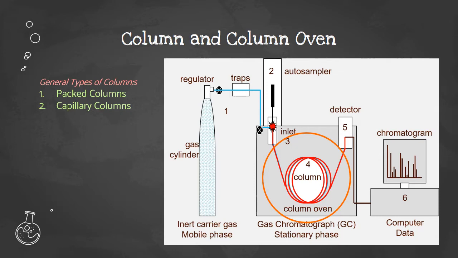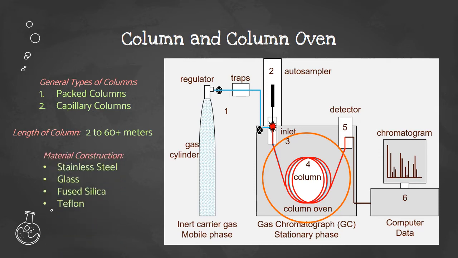Chromatographic columns vary in length, from less than 2 meters to 60 meters, or more. They are constructed of stainless steel, glass, fused silica, or Teflon. In order to fit into an oven for thermostating, they are usually formed as coils having diameters of 10 to 30 centimeters.